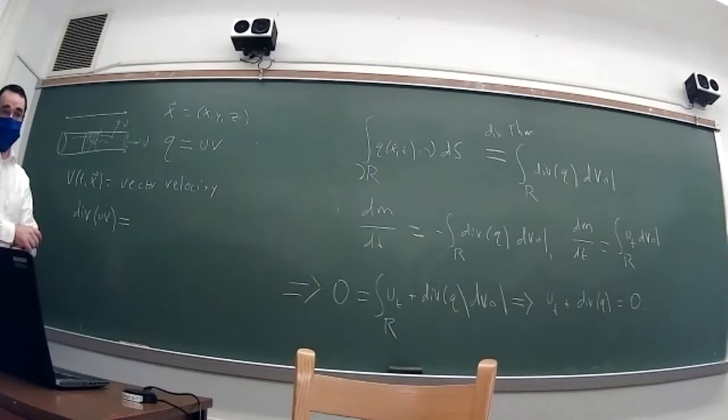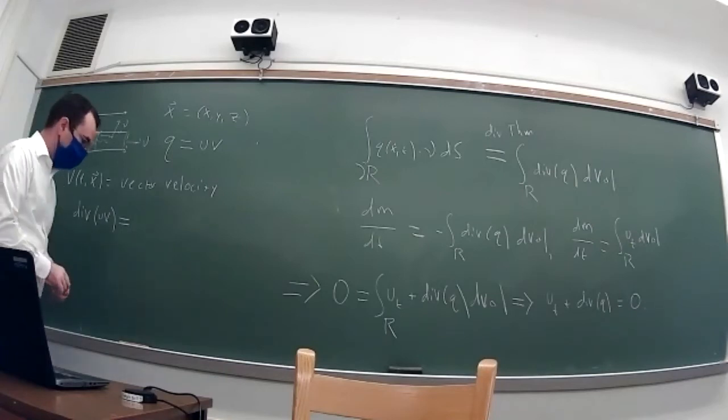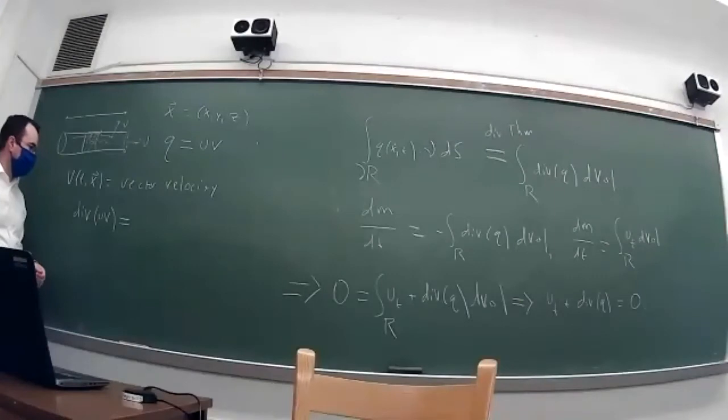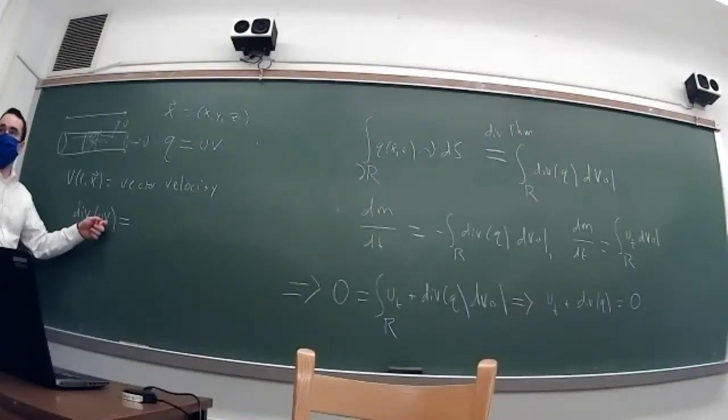Okay, after giving you some time to work it out, I'll explain in words the calculation I do to show this. Divergence is a sum of all the partial derivatives in the different spatial directions. So this is partial with respect to x of u times v1, plus partial with respect to y of u times v2, plus partial with respect to z of u times v3.